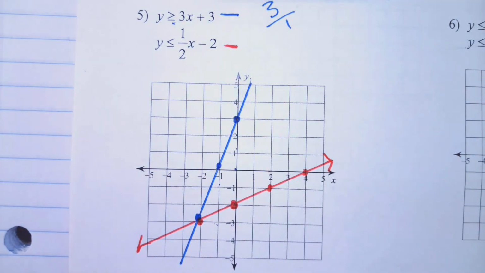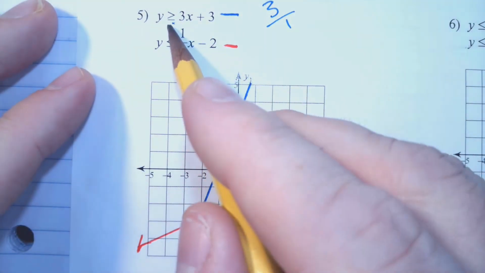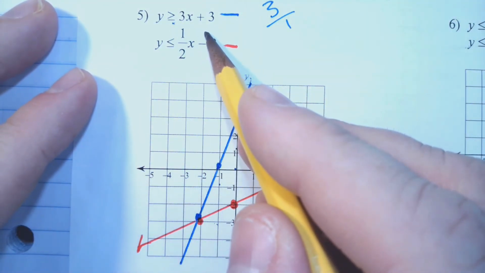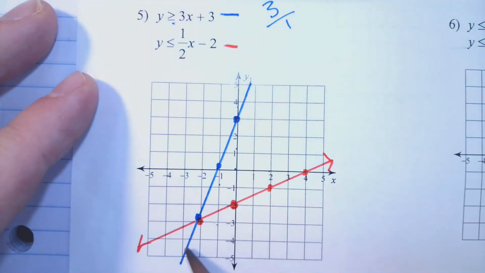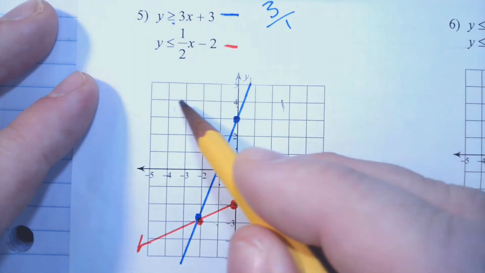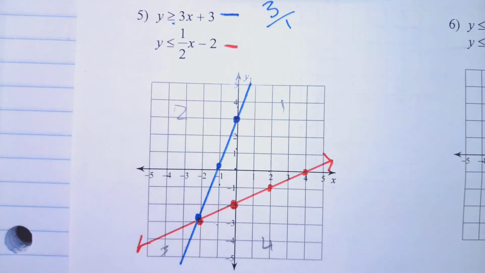Now we need to figure out which way to color. Okay? We did a bunch of greater thans. So the blue line, and notice how this makes an X, yes? So basically I have 1, 2, 3, 4 different places I could color. Okay, so we're going to color only in one of those places.